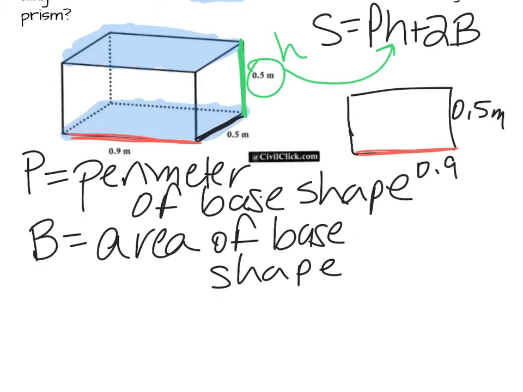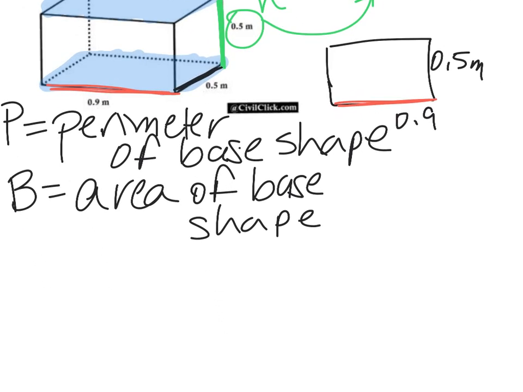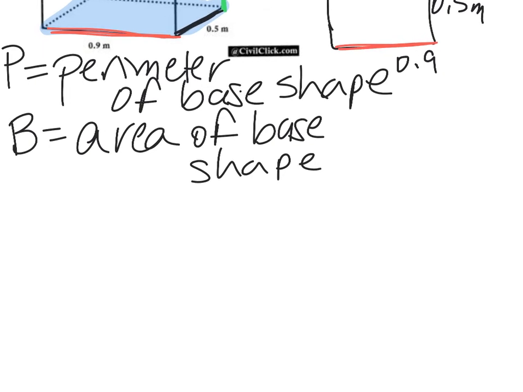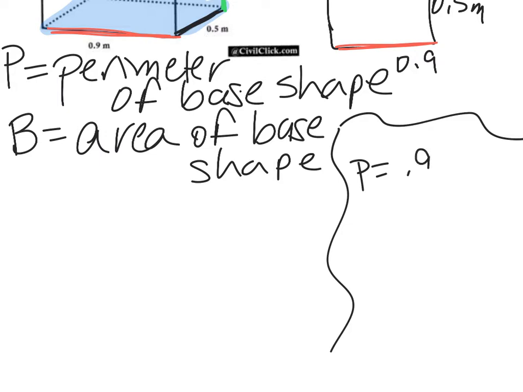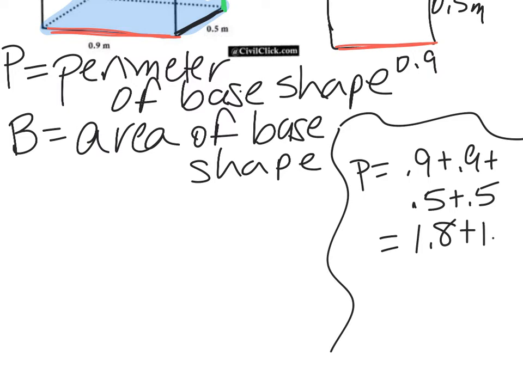My perimeter is going to be 0.9 plus 0.9 plus 0.5 plus 0.5, which gives me, let's see, 0.9 and 0.9 is 1.8. 0.5 and 0.5 is 1.0, so that's going to give me 2.8 for my perimeter.